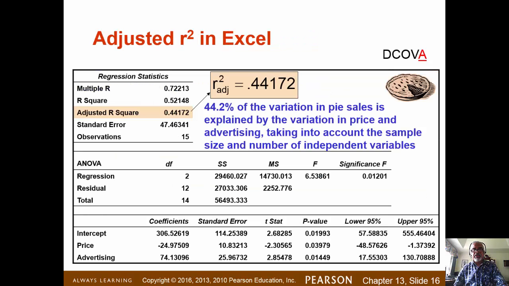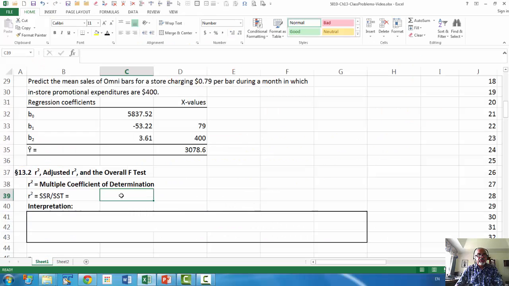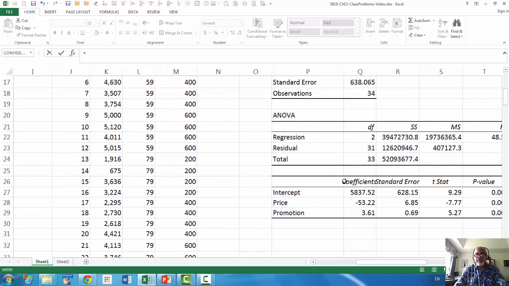Now let's compute the adjusted R squared value for our Excel example. We're going to compute both R squared and adjusted R squared. The R squared value is SSR divided by SST.